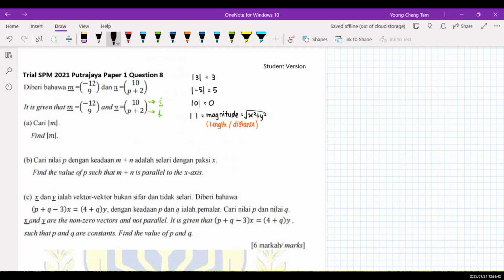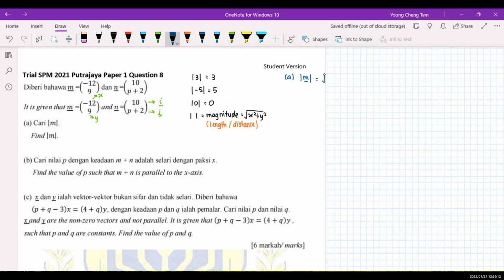Now let's go back to question A. The modulus of m. If you look at m, we have the numbers -12 and 9. So -12 refers to x, because vector i refers to the x-axis, and the bottom number is y, which is vector j, referring to the y-axis. Substitute into the formula.